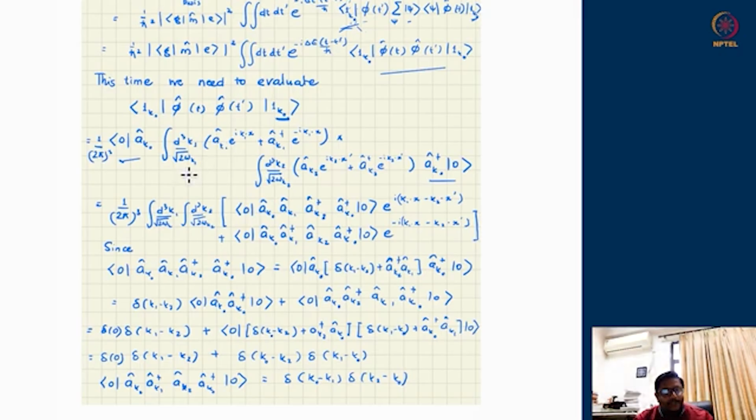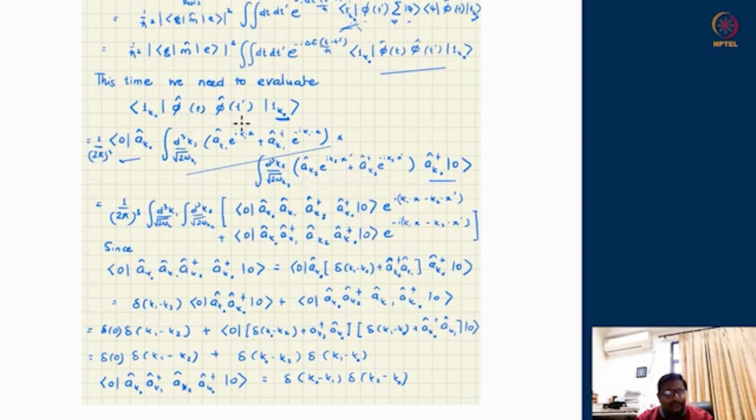So I write down the fields as this at location t, x, and the second integral is just giving me the field expression at location t prime, x prime. Now again you collect all the operators. All the operators are a_k0 here, a_k1 here, a_k1 dagger here, a_k2 here, a_k2 dagger here.